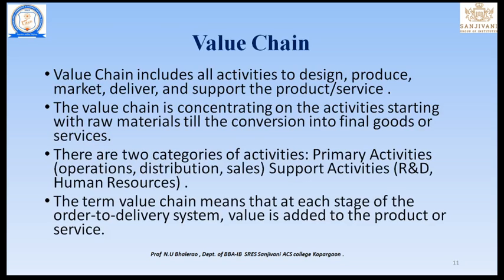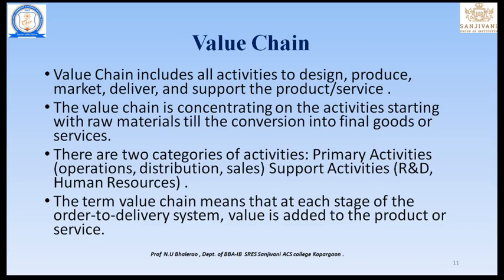So the value chain includes all activities to design, produce, market, deliver and support the product and services. The value chain concentrates on the activities starting with the raw materials till the conversion into final goods or services.